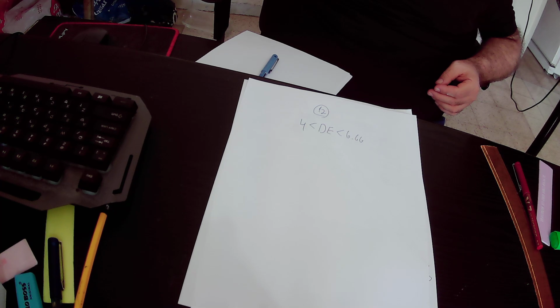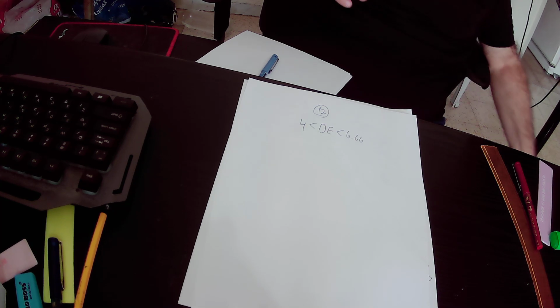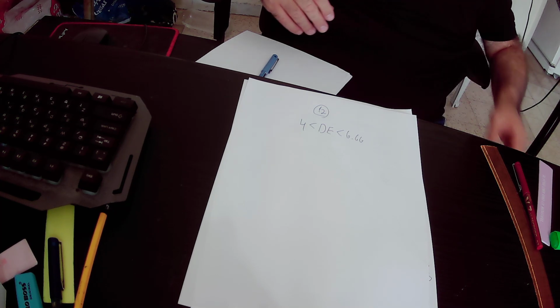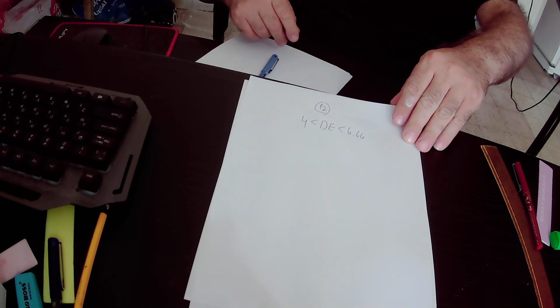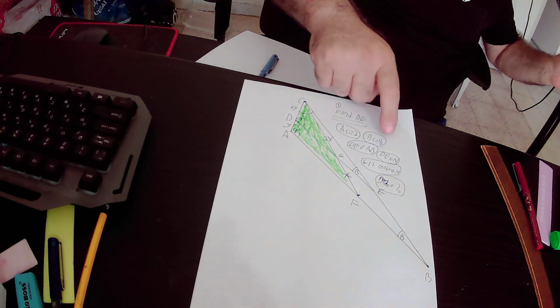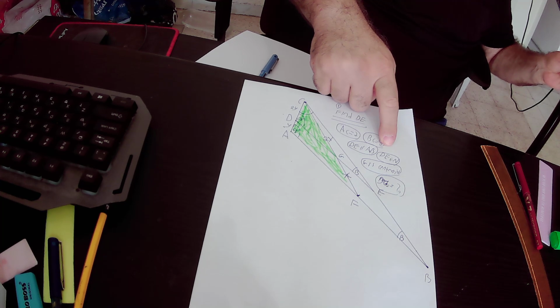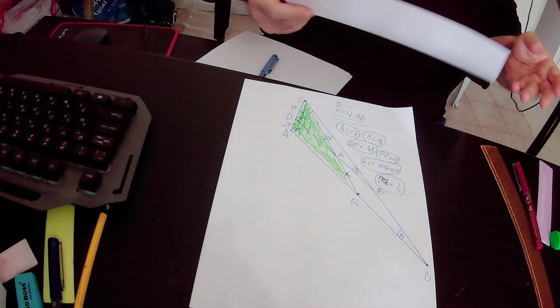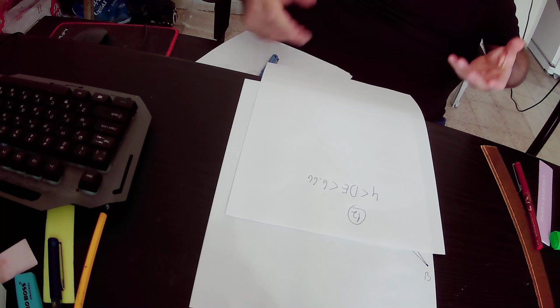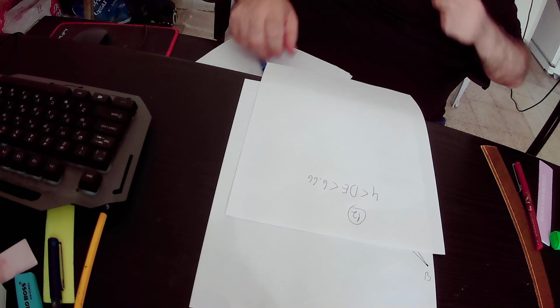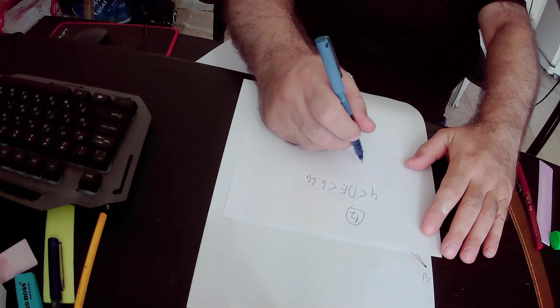But we also know that DE belongs to the natural numbers, according to what is given in the question. That is to say, the size of DE is a natural number.